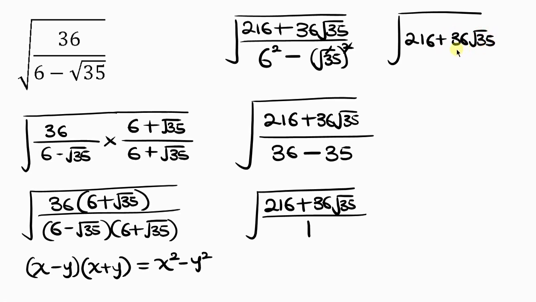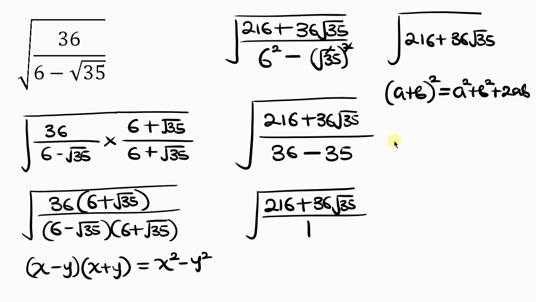Our next step will be for us to write this expression inside of this square root in the form of a perfect square, such that it looks like (a plus b) squared. Remember that (a plus b) squared is expanded as a squared plus b squared plus 2ab. Now let's write this expression in this form.